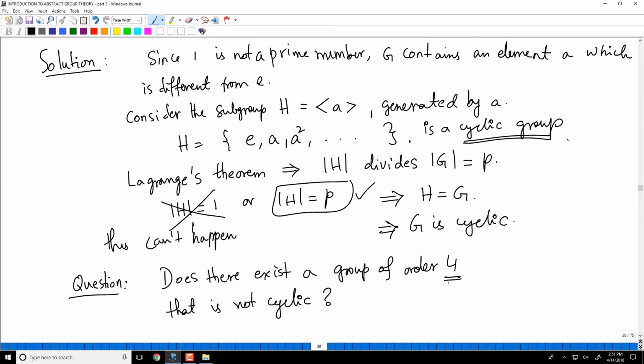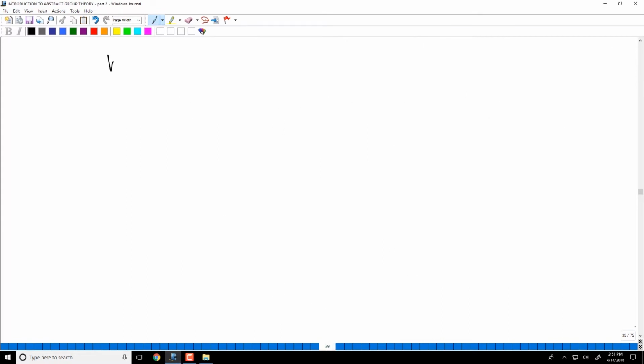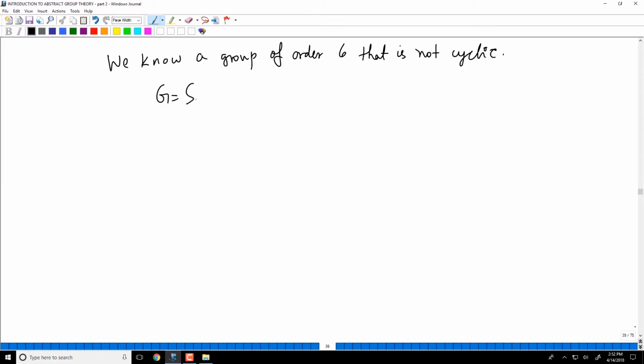It however says that a group of order 2 must be cyclic, a group of order 3 must be cyclic, a group of order 5 must be cyclic, 7, 11 and so on. But 4 we don't know. Is there a group of order 6 which is not cyclic? We know a group of order 6 that is not cyclic, right? Because we can take S3, which remember in our new notation has this form.